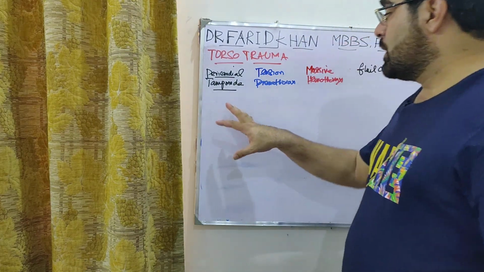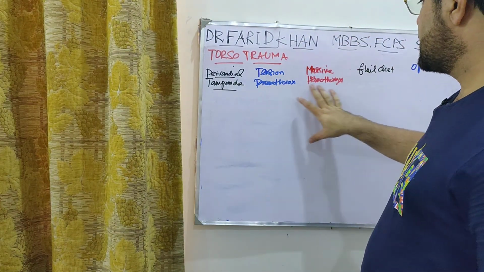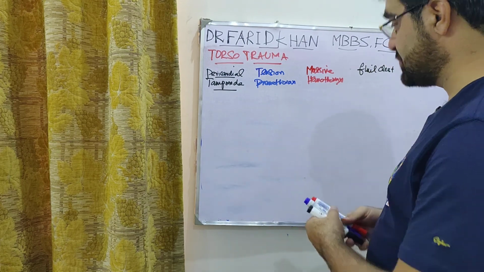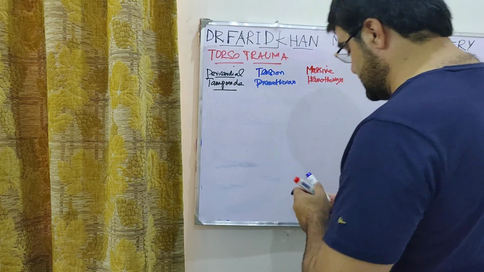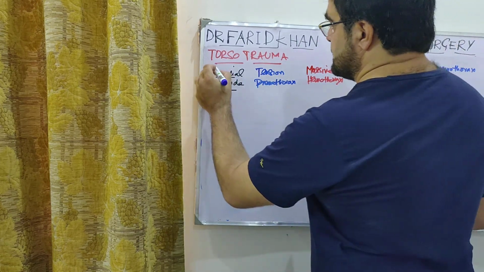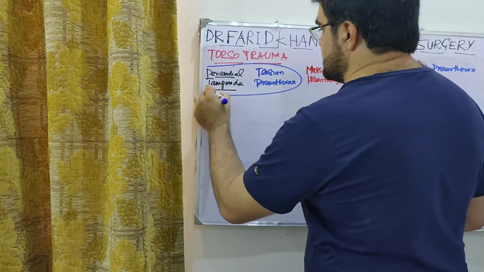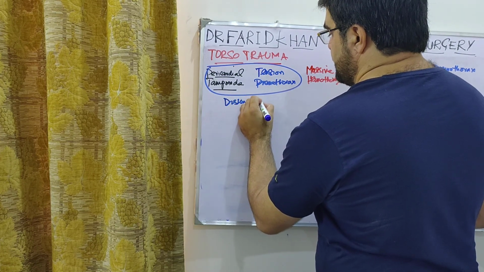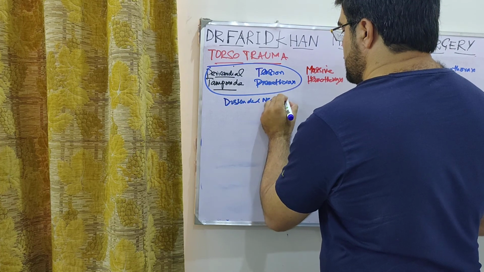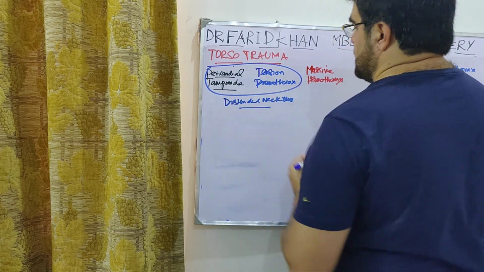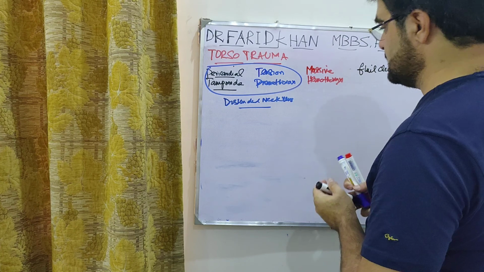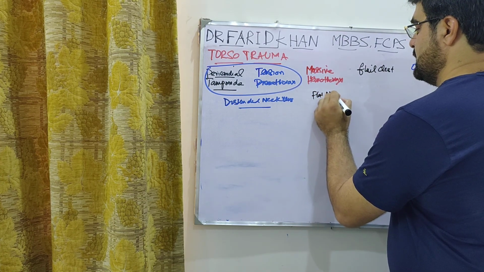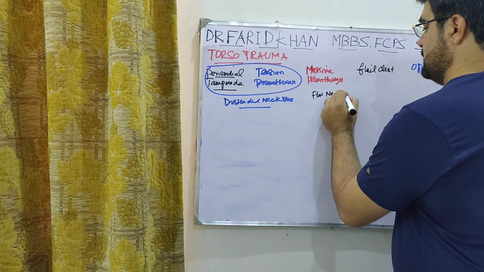And then we are coming to our topic, pericardial tamponade and tension pneumothorax. The presentation is the same in the sense that in both these conditions there will be distended neck veins, but in massive hemothorax there will be flat neck veins.